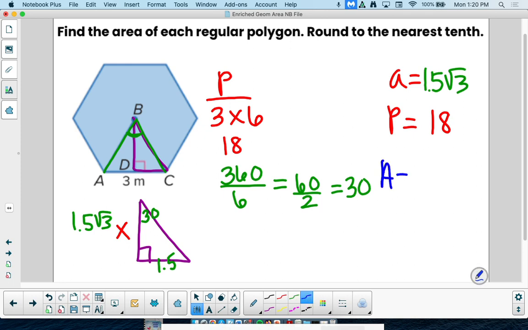Plug in 1.5 root 3 times 18 divided by 2. Careful with your parentheses, that you close them out if you have to. Like 23.4 if you go to the nearest 10th. Yep, 23.4.